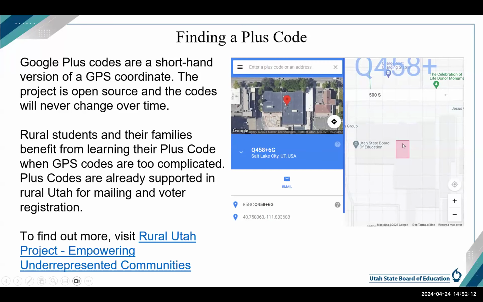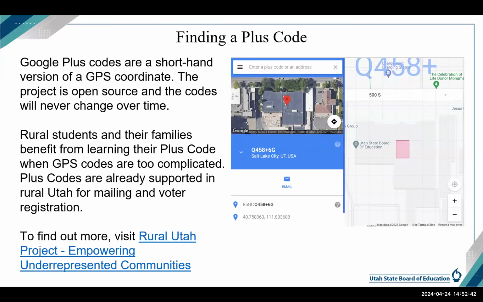But this is a sufficiently small level, and I believe is probably the level that people would hope for delivering mail, somewhere about that level. As you can see, there's the full address that it shows, the full Google code, and then the full GPS below it. So both of those are referenced whenever you go there and look one up.